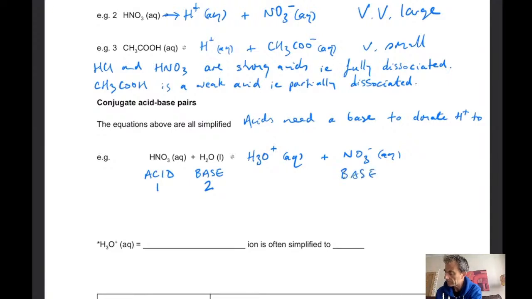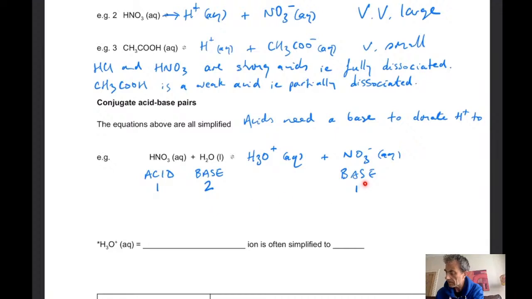I'll explain why that's a base, because if you think about this reaction in reverse, what can this nitrate ion do? It can accept a proton and turn back into that. So these are linked by the proton. When that donates a proton, it becomes that. When that accepts a proton, it becomes that. So they are both pair 1s.